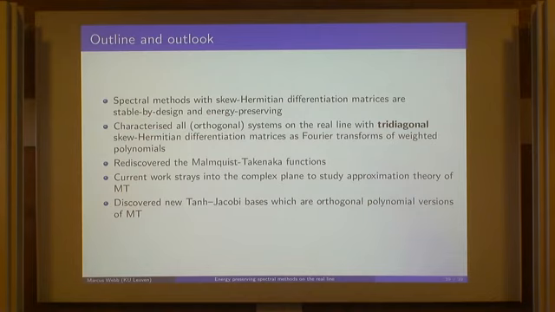One of our first theorems was we characterized all systems on the real line with tridiagonal skew Hermitian differentiation matrices. And these were Fourier transforms of weighted orthonormal polynomials. It was very easy to find the constraints that made it an orthogonal system. Along the way, we rediscovered the Malmquist-Takenaka functions.